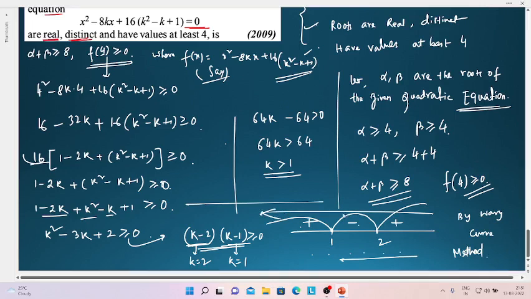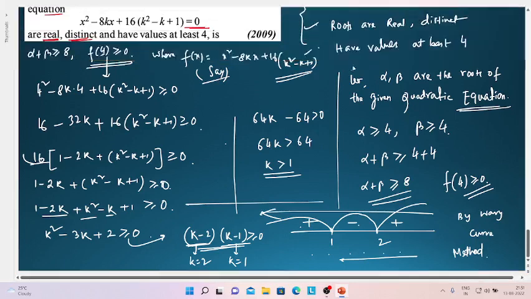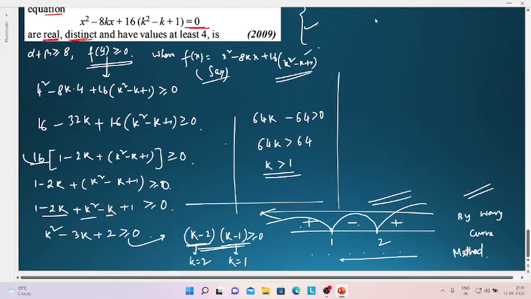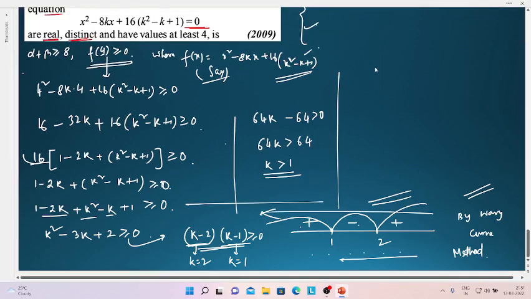This is the actual method, but there are some other proofs that exist on the internet also. You can check by your own, right? But this is actually how the wavy curve method would look for problem solving.